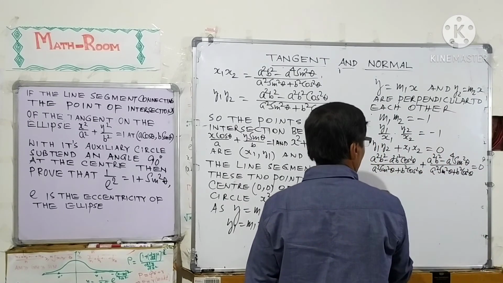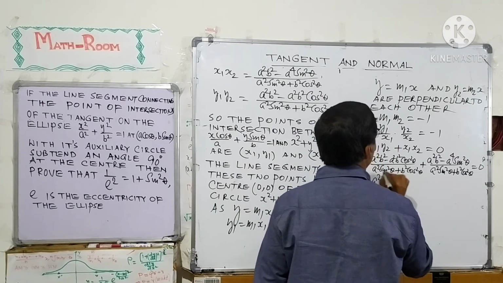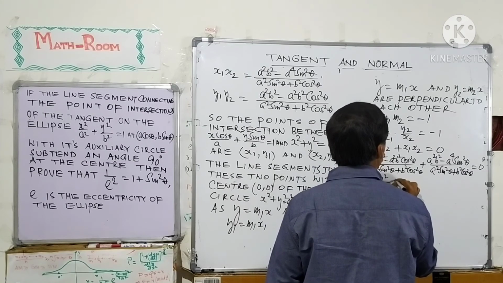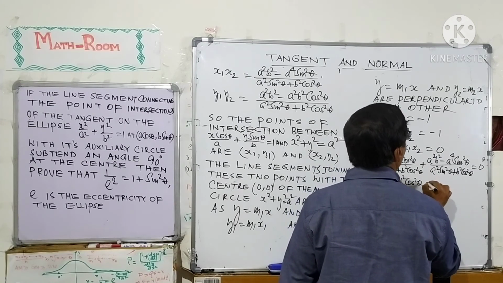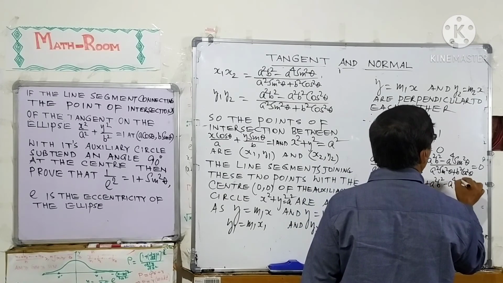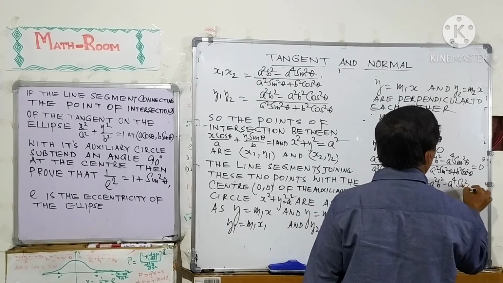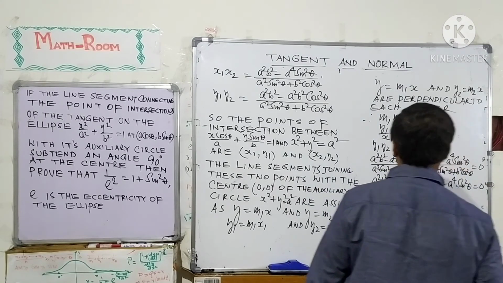So, this is a square b square minus a square b square cos square theta plus a square b square minus a4 sin square theta equal to 0.